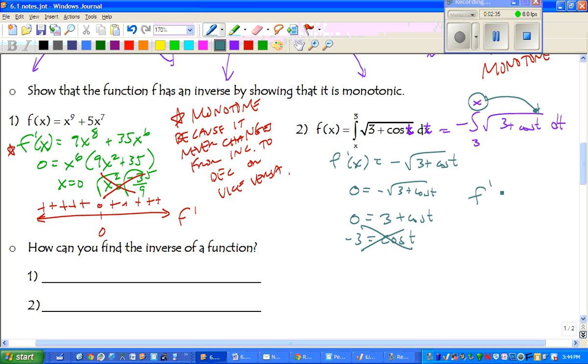So our derivative is always less than 0. No matter what we put in for t, as long as it gives us something out, it's going to be negative. So it's always decreasing. So our original function f is always decreasing. So it's not changing at all, which means it's going to be a monotone function.